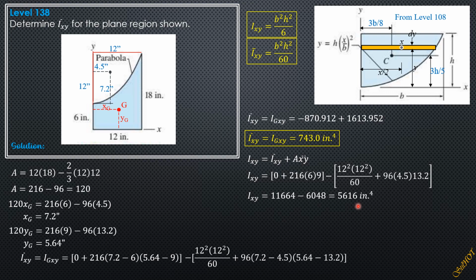So 5616. We equate 5616 to I barred xy plus area 120, barred x 7.2, barred y 5.64. So I barred xy is equal to 743.0 inches to the fourth, which is simpler.